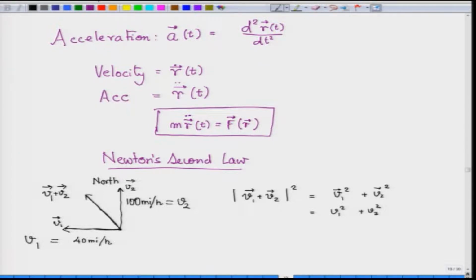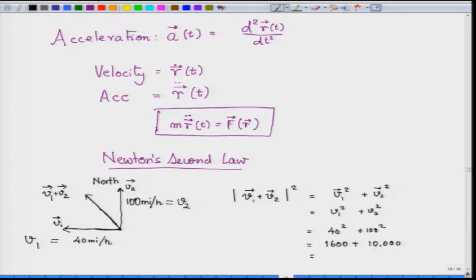So immediately you know what this is: 40 square plus 100 square. 40 into 40 is 1600, plus 100 square, 10 to the power 4, 10,000.